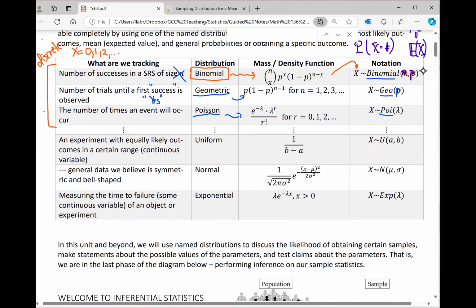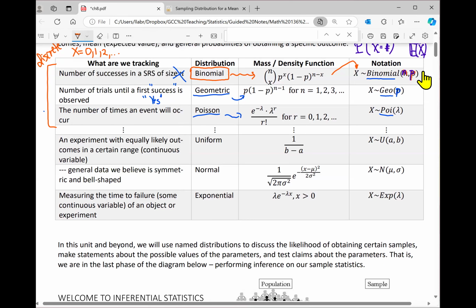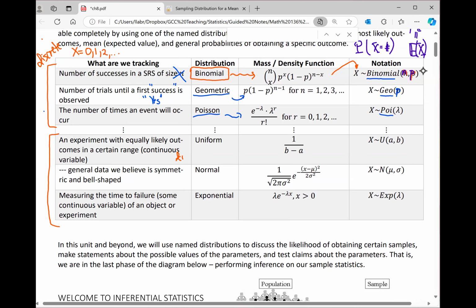Then we also switched over to continuous random variables. So for example, if there's an equal chance of something occurring, think of time. Time is measured, time until something occurs, you have to measure it, so therefore that's continuous. If your random variable is continuous, this would follow a uniform distribution. And similarly, the only values we need are a and b, where a is the smallest time that something could occur, and b is the largest time that something could occur.